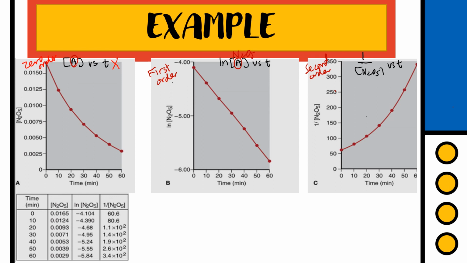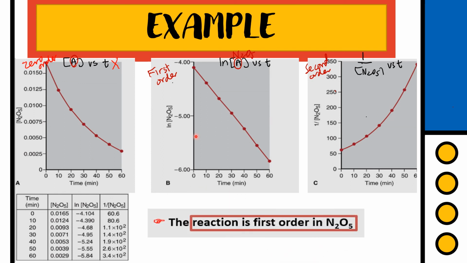So from here, we can conclude that since we want to find a linear graph to determine the order of reaction, from the 3 graphs here, the first order reaction, which is the graph of ln A versus t, is our order of reaction. So the reaction is first order with respect to N2O5.